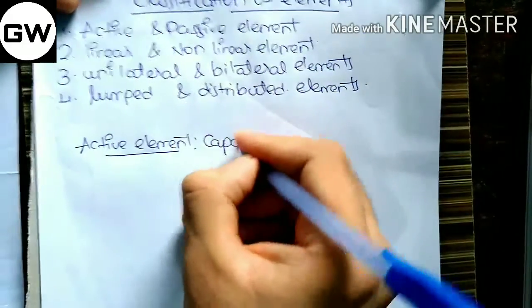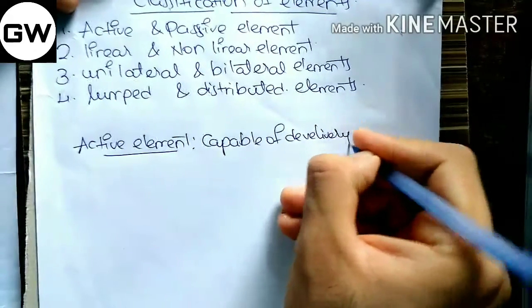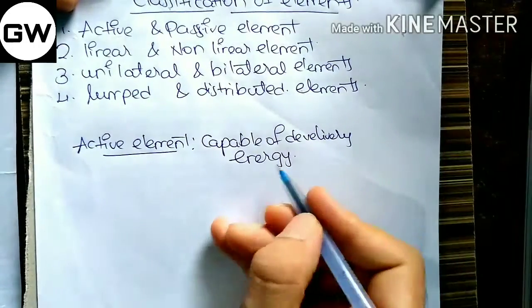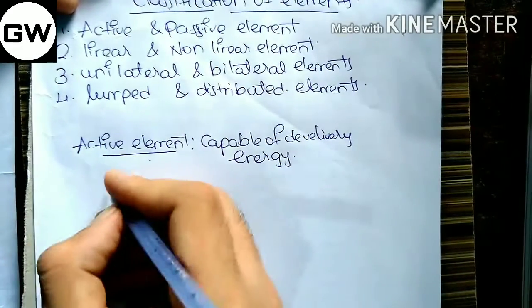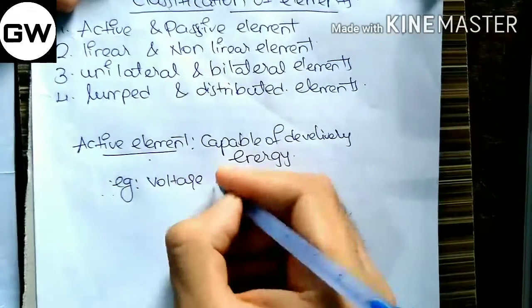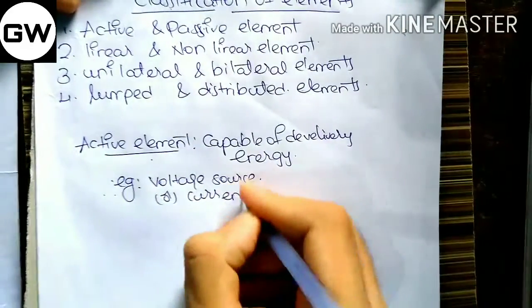The elements which are capable of delivering energy are termed as active elements. An example of this is a voltage source or current source.